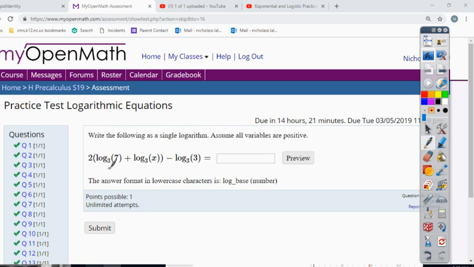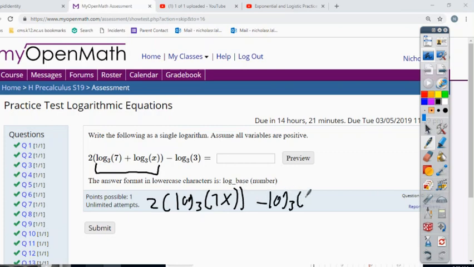Condense the logarithm. So you have the log base 3 of 7 squared plus, well actually, sorry I didn't read that right. You need to make sure that you evaluate what's in the parentheses first. So it's a log base 3 of 7 times the log base 3 of x in parentheses, so that becomes 2 times the log base 3 of 7 times x minus the log base 3 of 3.